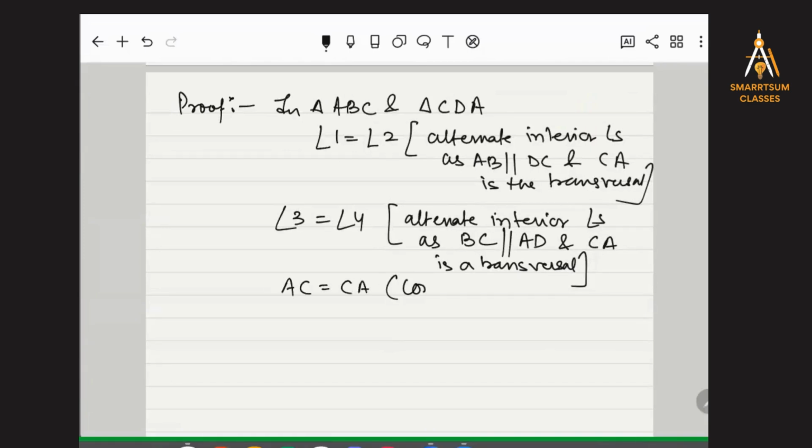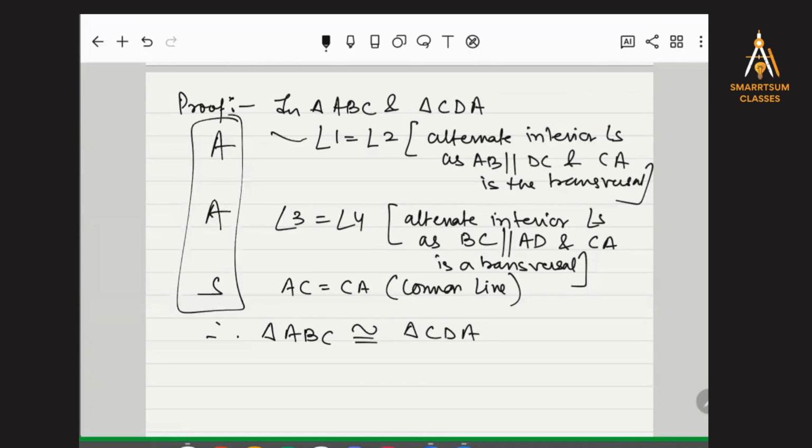This is the common line. Right? So can we say that triangle ABC is congruent to triangle CDA? By which criteria? Angle, side. ये angle, ये side. Right? By the criteria AAS.